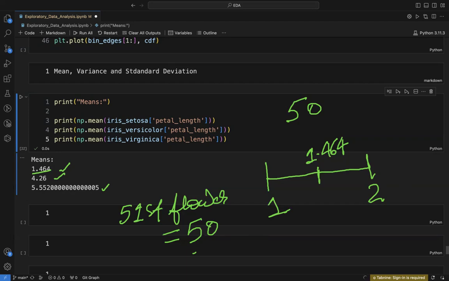Because we know that my 50 observations of Setosa lie between the interval 1 and 2. So 50 values are lying between these intervals, but someone has mistakenly taken the 51st reading as the value 50.